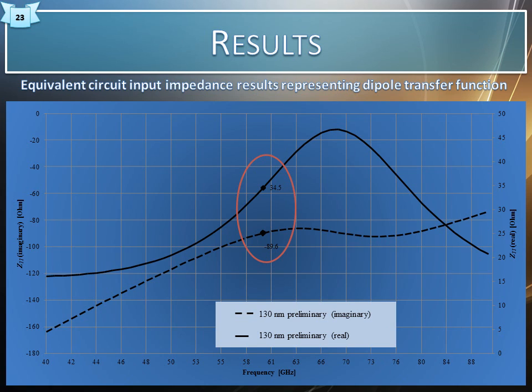The results suggest that the circuit does in fact have similar frequency operation compared to the dipole itself, and the changes in the real and imaginary impedance could suggest that the chosen node, which is 130 nanometer, could be a limitation of constructing an exact representation of the dipole performance, since these values, the local minima and maxima, are dependent on the possible component ratios of inductance and capacitance obtainable in this technology. The improved circuit with additional parameters to increase the degrees of freedom and enable higher inductance and capacitance ratios will be presented later in this discussion.